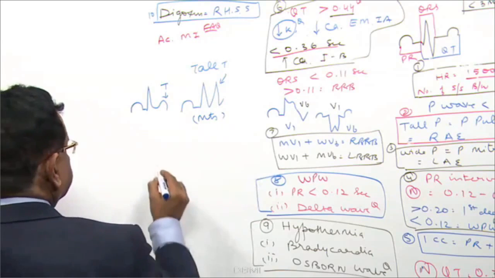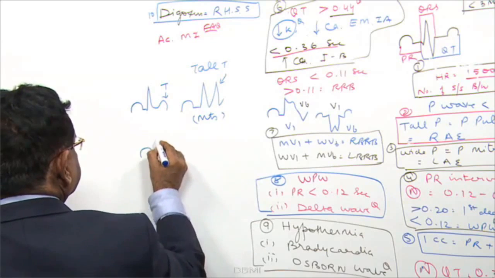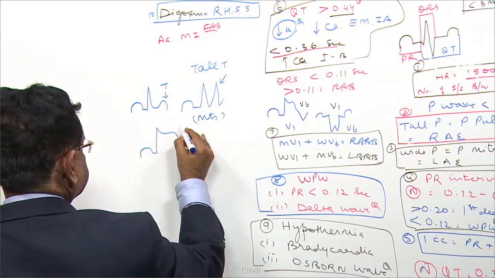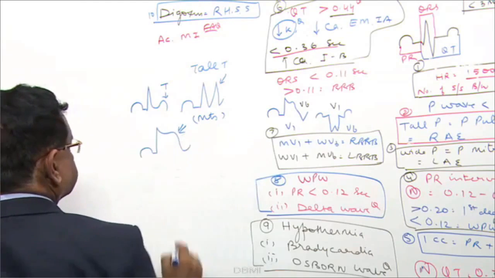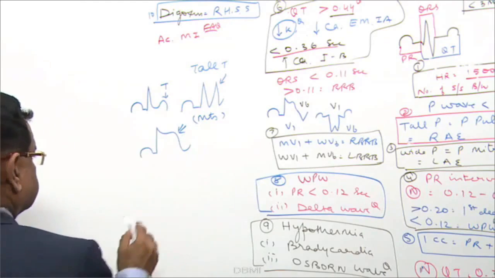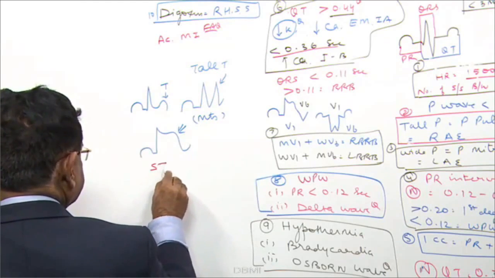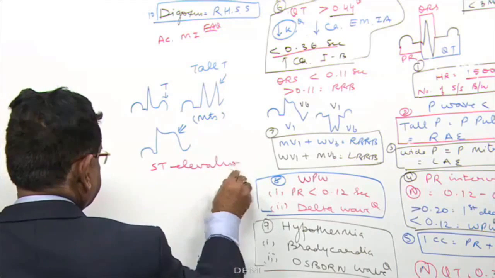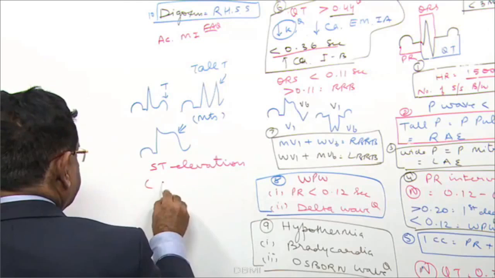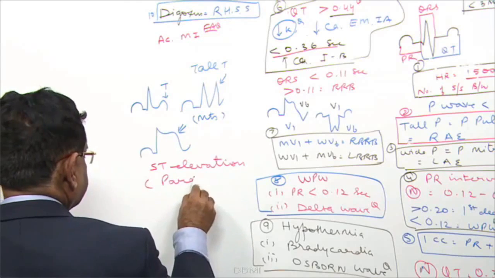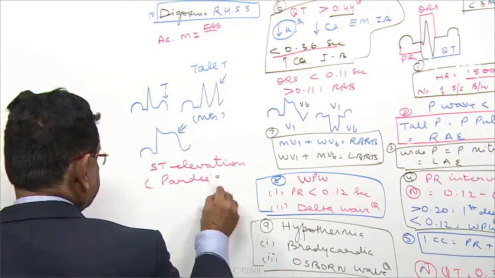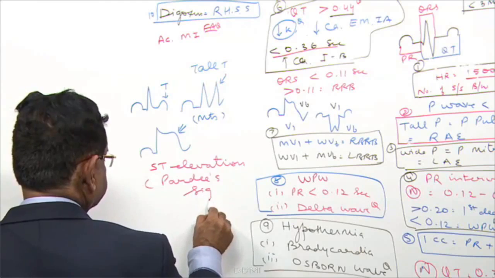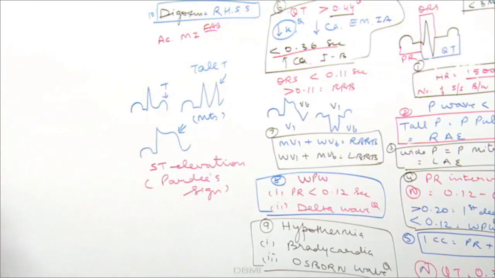After that, ST segment elevation. The ST segment has elevated. So the second finding is ST elevation, and this is also known as Pardee's sign.